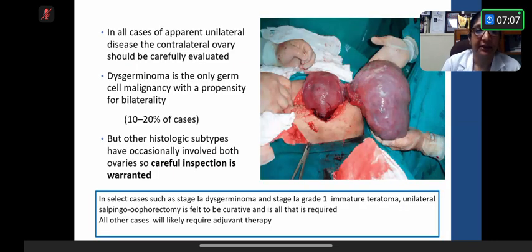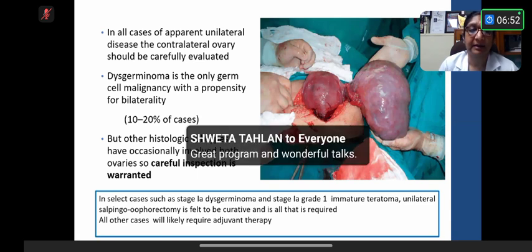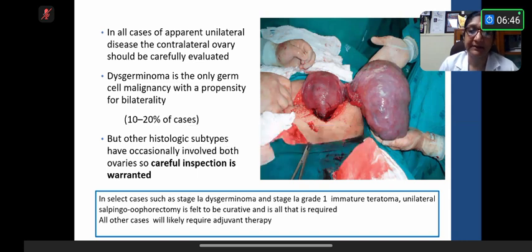This is for the general germ cell tumors that I'm talking about. So it is very important in all these tumors to carefully evaluate the contralateral ovary. In dysgerminoma, the bilaterality is approximately 10 to 20% of the cases. Most of them are unilateral, but some of these subtypes may have an occasional involvement of the contralateral ovary.